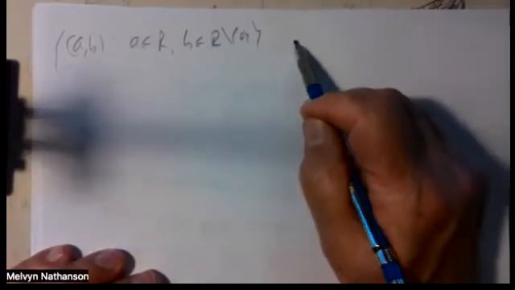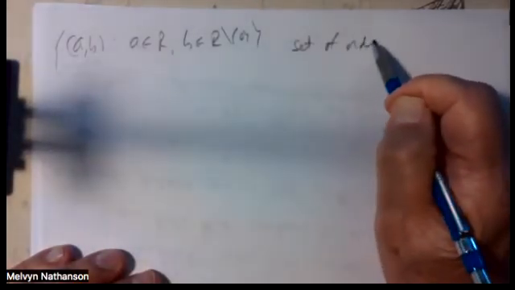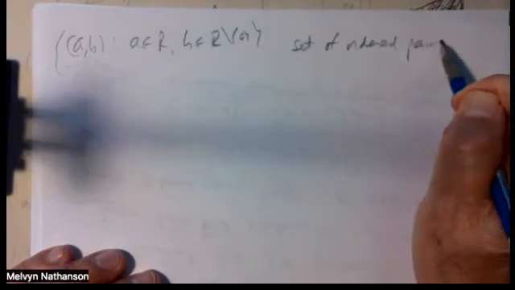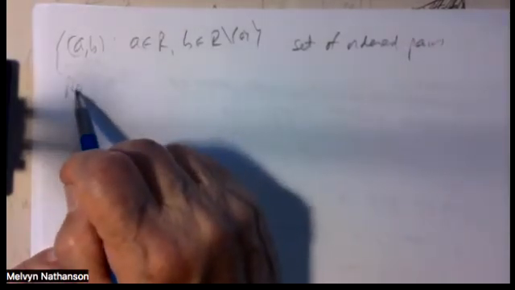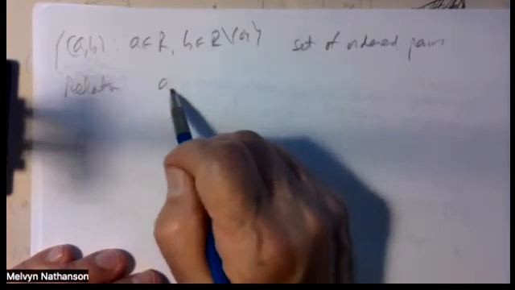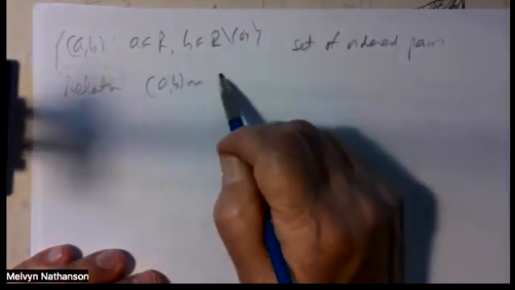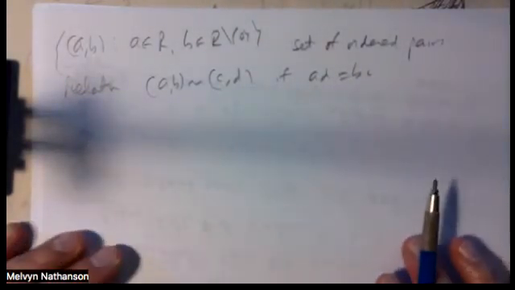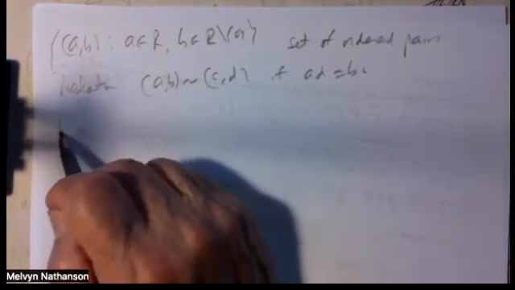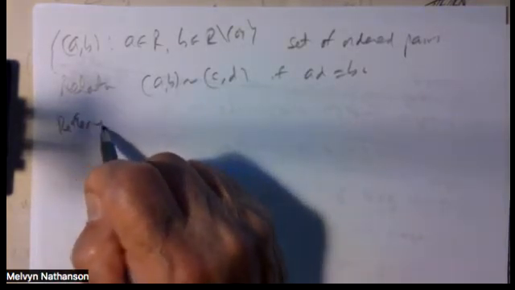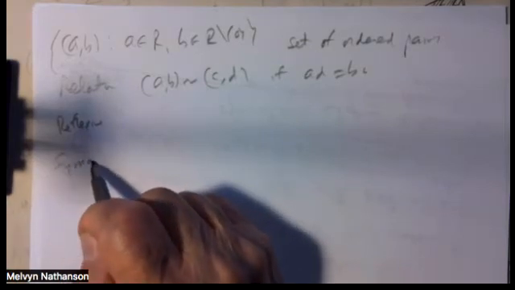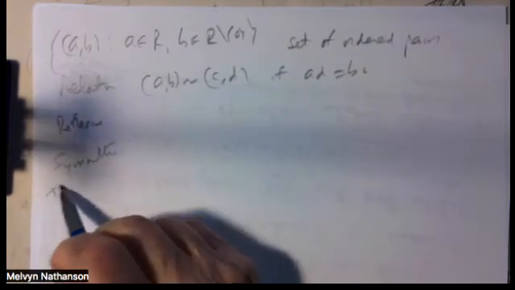And we define a relation: AB is equivalent to CD if AD equals BC. So that's some relation on these ordered pairs. I want to prove it's reflexive, symmetric, and transitive.